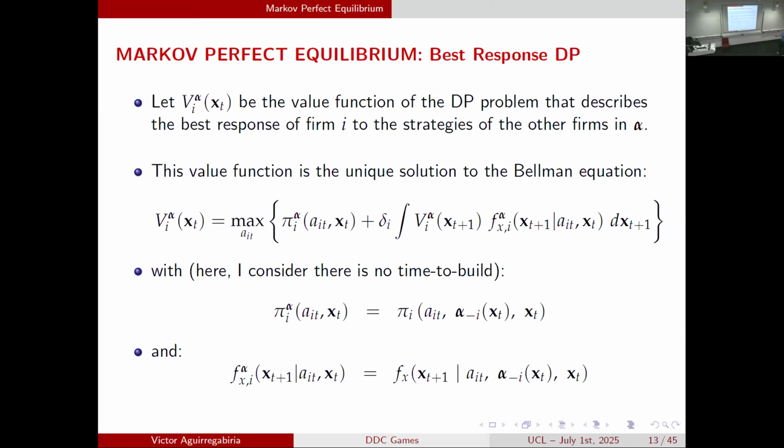The strategies of the opponents determine the payoff function for you, which depends on the strategies of the others, and the transition rule of the state variables, which now also takes into account the strategies of the others. Okay? But once we have solved for the strategies of the competitors in my payoff and in my transition probability, I have a single agent dynamic program.